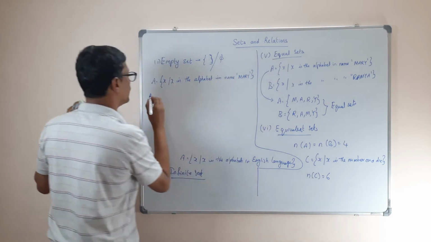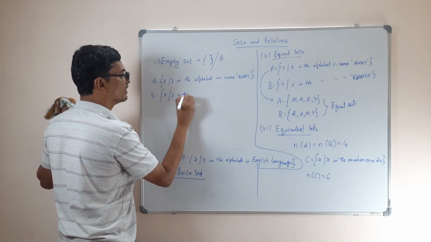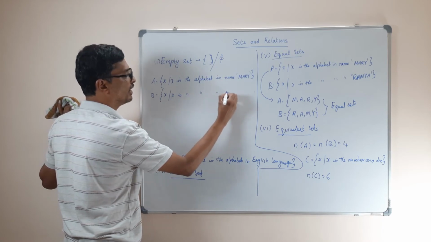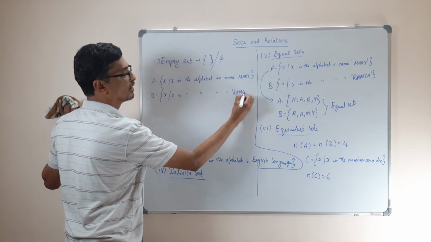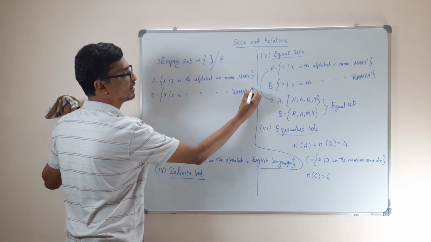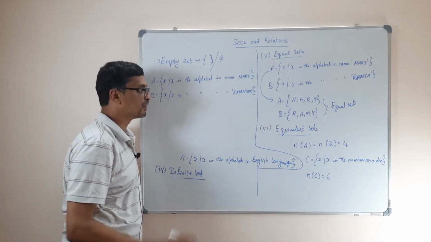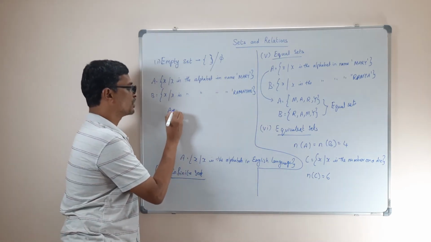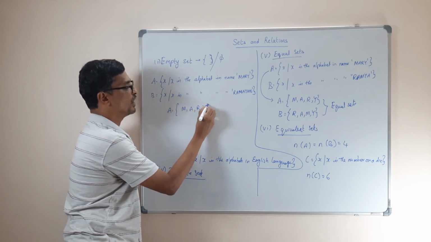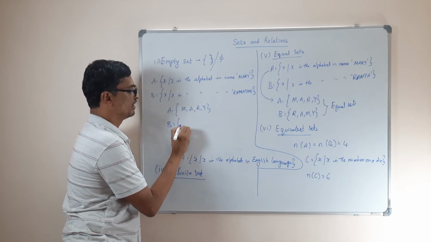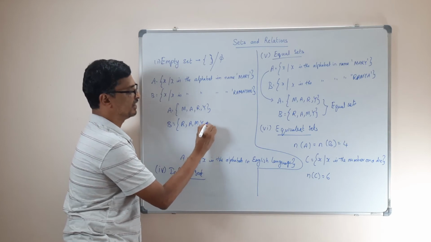And now I am going to give B as again x such that x is the alphabet in the name Ramayan. Now you tell me, in roster form, how will you write this? M, A, R, Y. B will be R, A, M, Y, N.